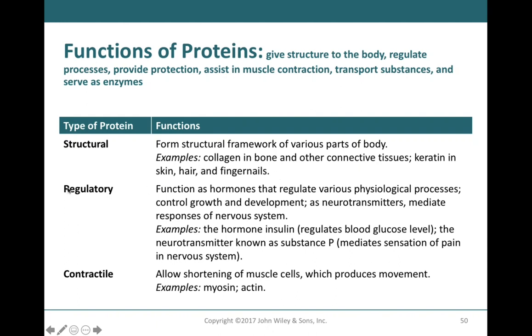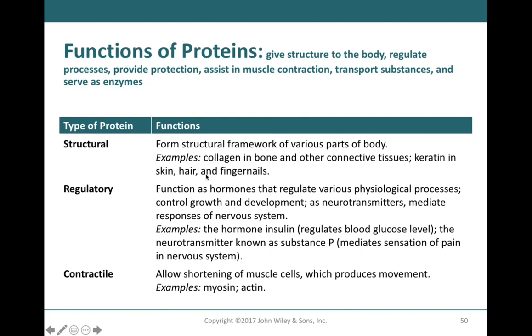So regulatory proteins are going to be functioning as hormones. Hormones, if we can remember from Chapter 1's lecture video, are going to be regulating different body processes. They're going to be different chemical messengers that are going to help to control the body's growth and development. So there's a lot of different function to regulatory proteins, but these are just going to be functioning as hormones.